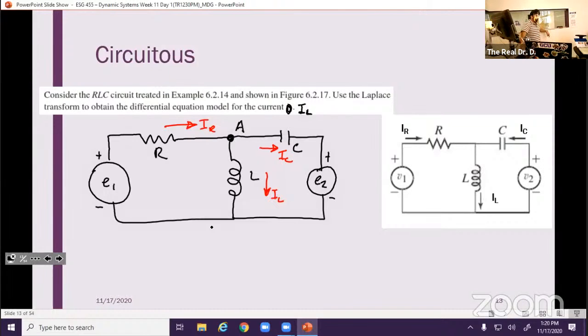That node means that we don't have the same current in each of those branches. We also have what I'm going to call my KVL. My KVLs are going to go in opposite directions. So this is KVL for the left-hand side, and this is KVL on the right.